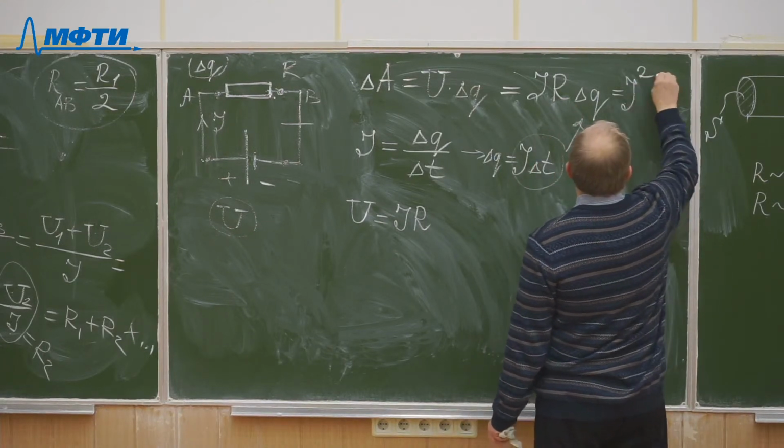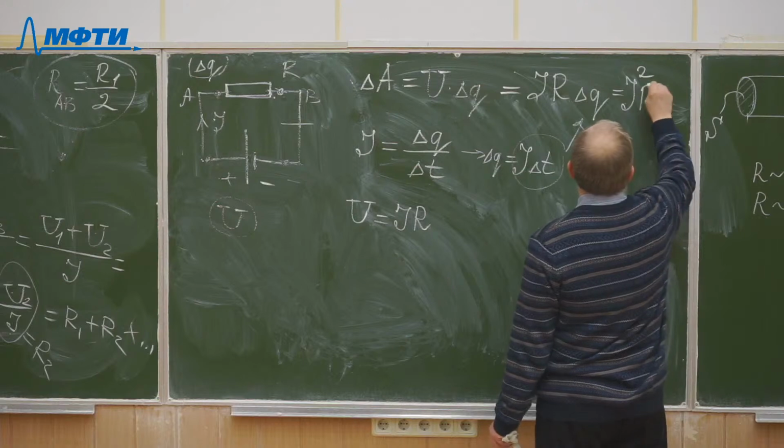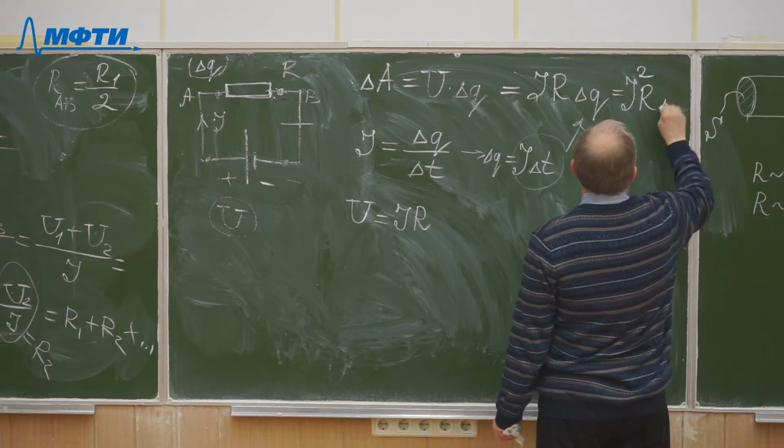That will be the current I squared R delta t.